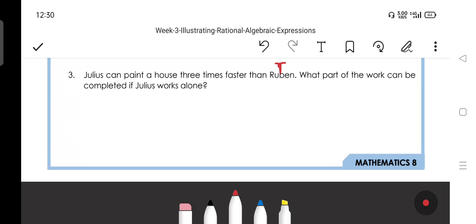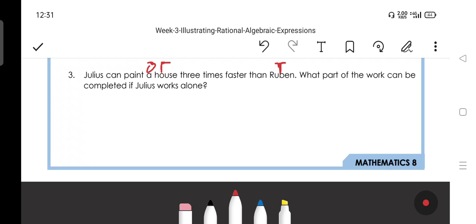If Ruben can finish painting the house in R minutes, for example, R hours or R days, then Julius can finish the task 3 times faster. That means Julius' time is 3R, right? 3 times faster than Ruben. 3R.